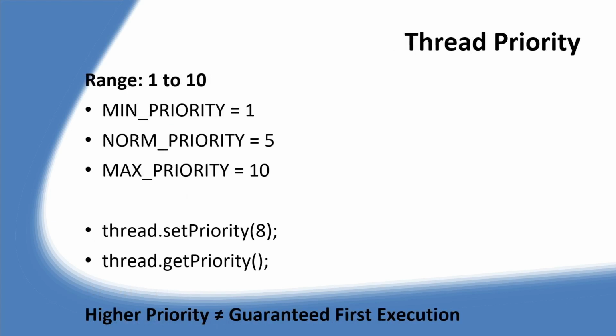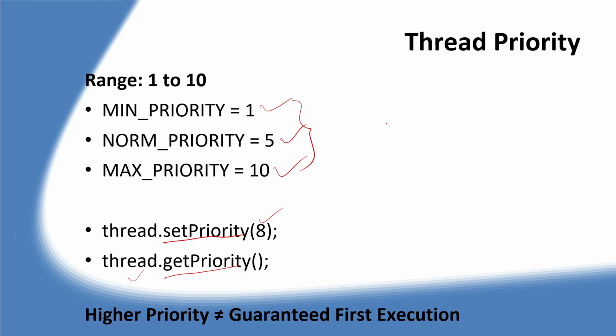Now every Java thread also has a priority. Thread priorities range from 1 to 10. The minimum priority is 1, normal priority is 5, and maximum priority is 10. We can use the setPriority method to change a thread's priority, and the getPriority method to retrieve the priority of the thread. But there is a very important rule here. A higher priority thread is not guaranteed to execute first or finish before a lower priority thread.